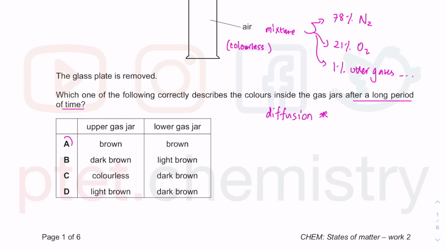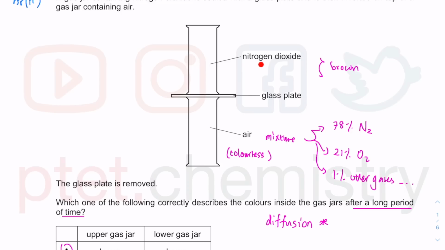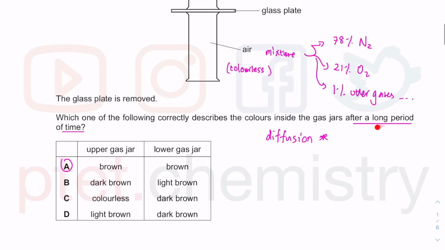We're looking at the color getting slightly lighter because the NO2 particles will have diffused from a region of high concentration to a region of low concentration until, after a long period of time, concentration becomes uniform. So uniform concentration, that is the last key point in a diffusion essay. Describe and explain diffusion. That is the expected standard for any year 9 chemistry student all around the world.